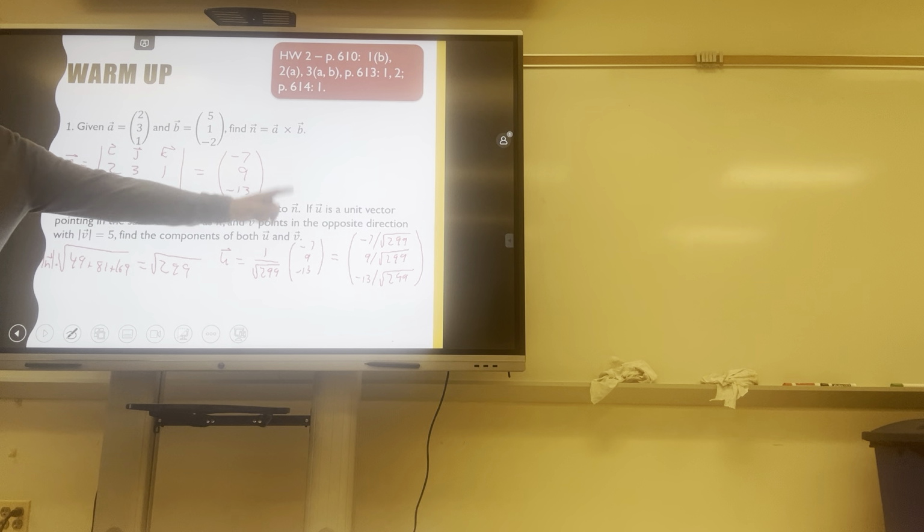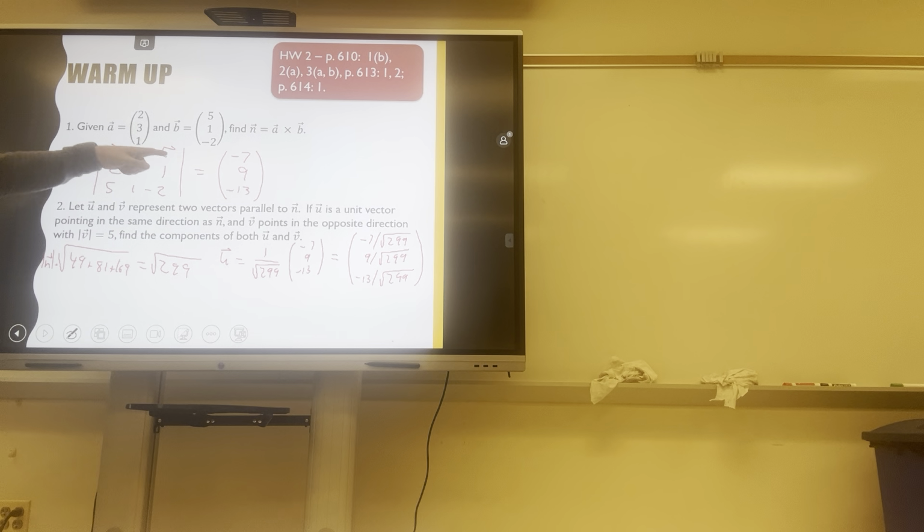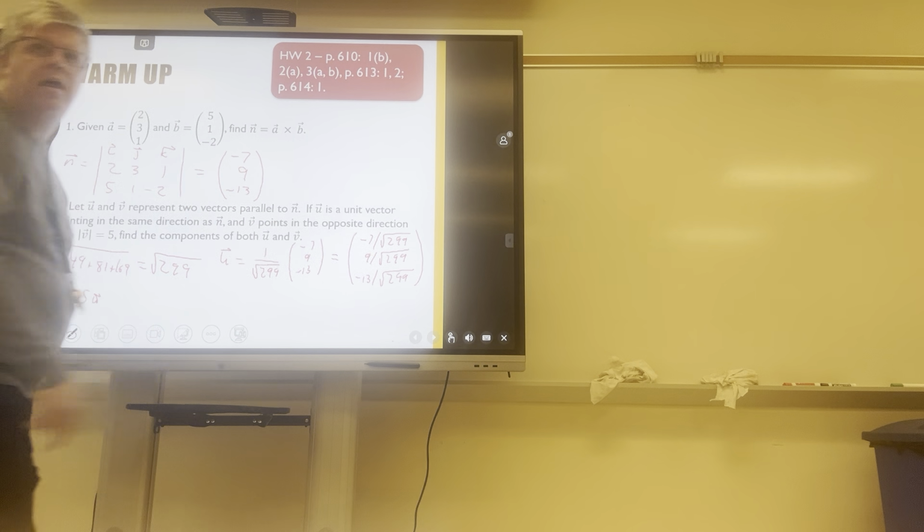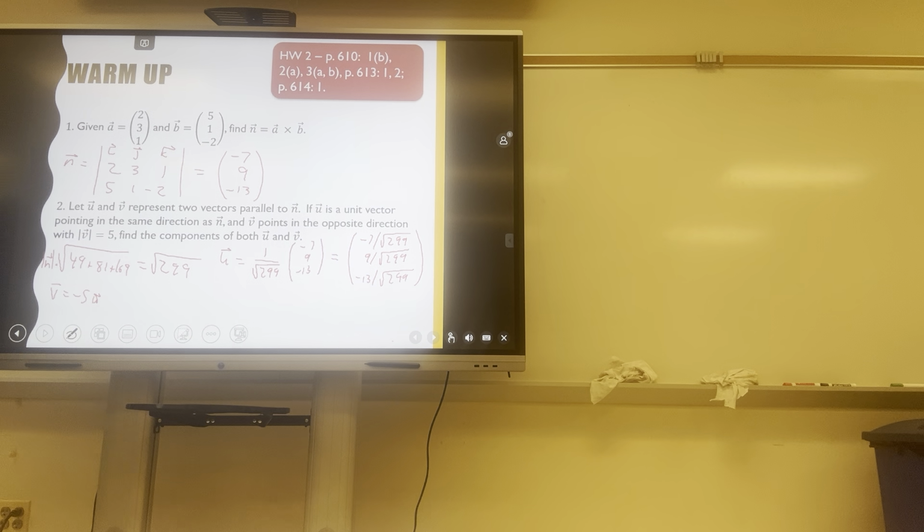Because we're starting with a magnitude of 1 if we start with U. It's more annoying if we start with N, because that vector is 17 point something units long, right? So we could say V is -5 of U. The 5 times U will make its magnitude 5, and the negative makes it point the other way, right? So I could just take these guys and multiply them all by -5, right?